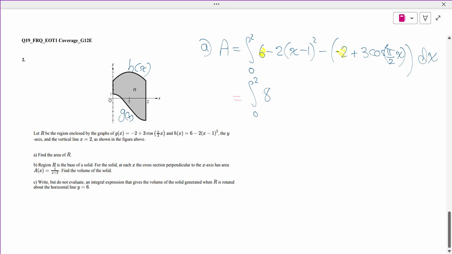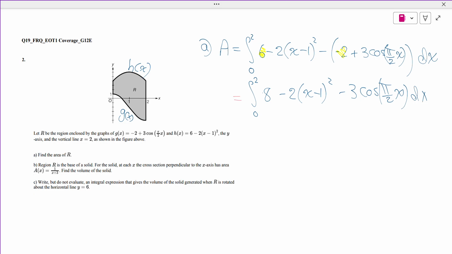Okay? 8 minus 2 bracket x minus 1 all squared and minus plus 3, it will be minus 3 cos of pi over 2x dx.